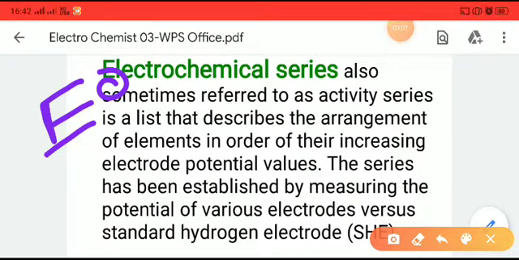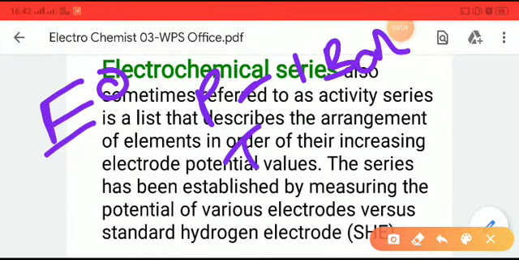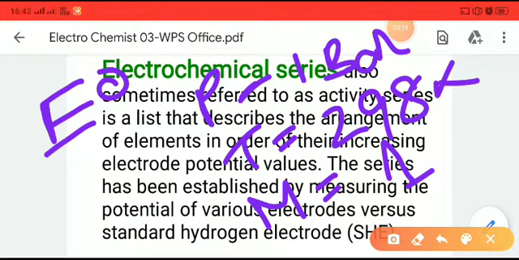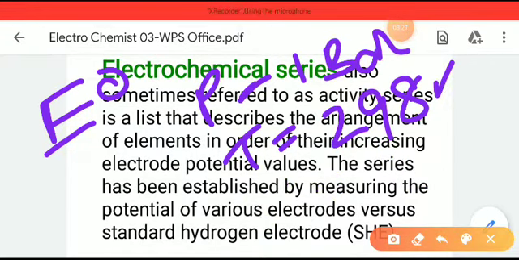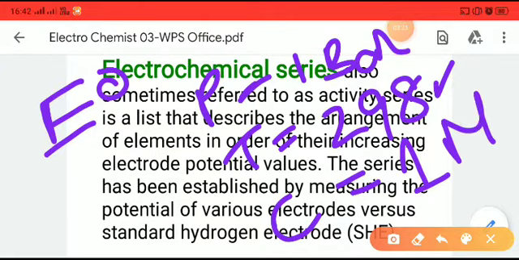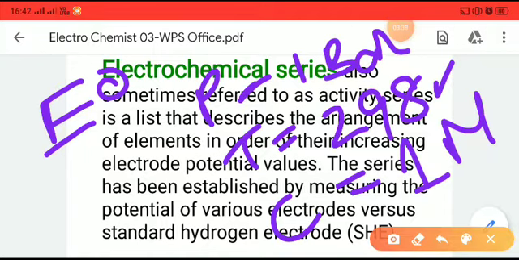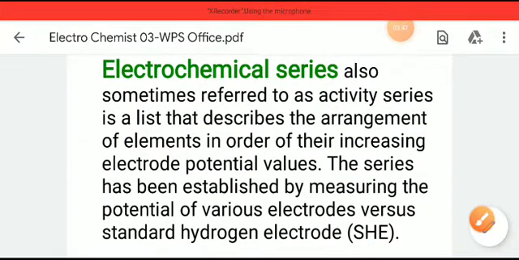So what is called the standard electrode potential? When the pressure is 1 bar, the temperature is 298 Kelvin, and the concentration of the electrolyte is 1 mole, then the electrode potential is named as the standard electrode potential, or E0. So the electrochemical series is basically a list consisting of the increasing order of standard electrode potential.